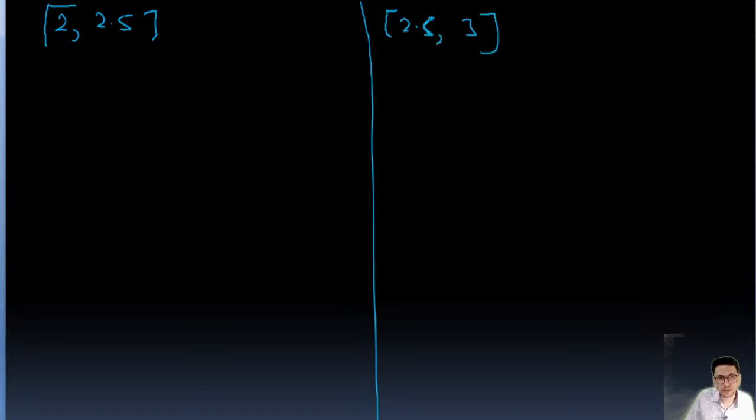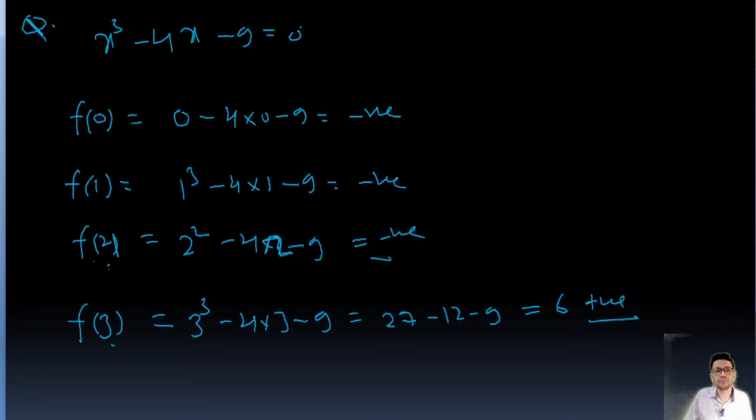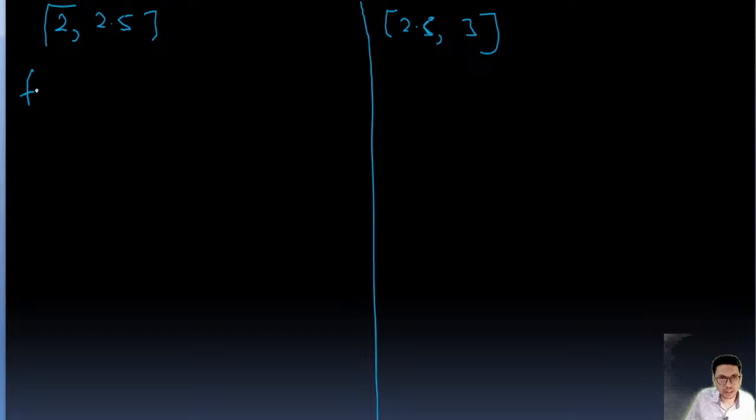Now for that we will find f(2) and f(2.5). If they are of opposite sign, then the root will exist between these. If it is not, then we'll find f(2.5) and f(3).